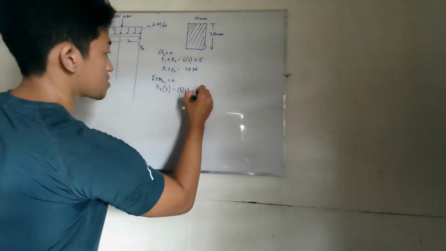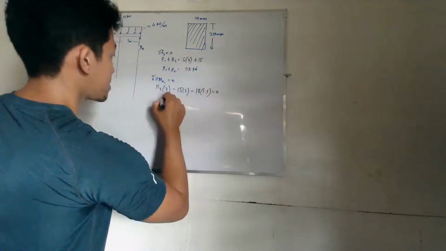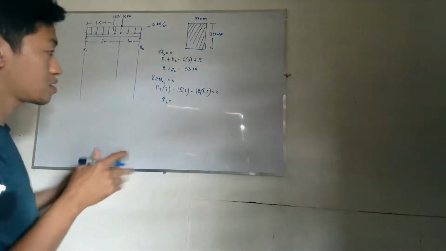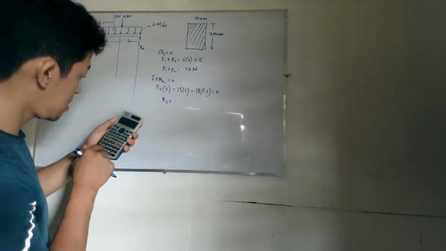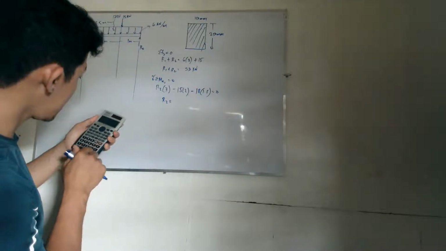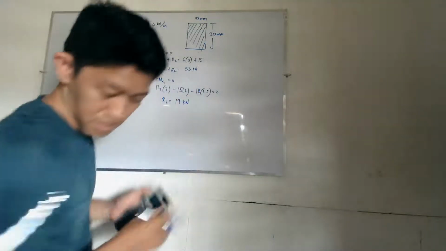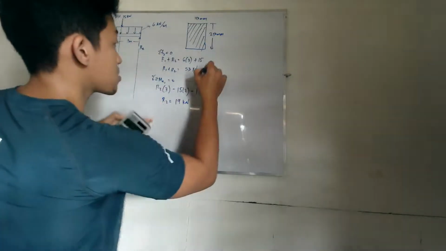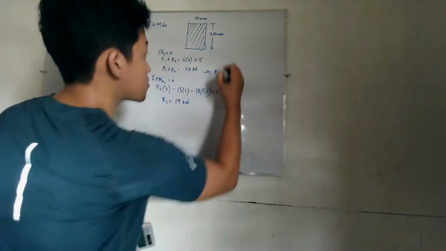So you have minus 18 times 1.5 equals 0. R2 is equal to 19 kilonewton. Ang tunay ning substitute diri, R1 is 14 kilonewton. Okay.